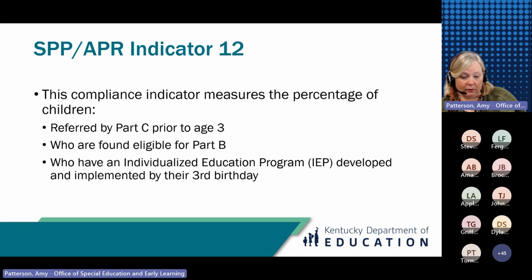Did they get all the components put into place in their IEP for secondary transition? Indicator 12 is for preschool. It's for Part C, so birth to 3, and the transition to IDEA Part B, which is for ages 3 to 21. And so, did they have an IEP put into place and implemented by their 3rd birthday?